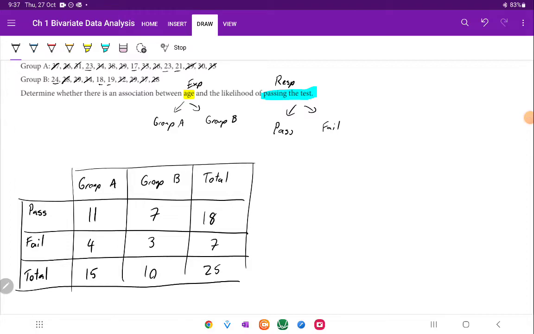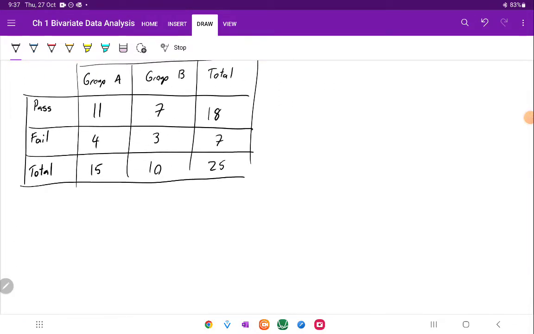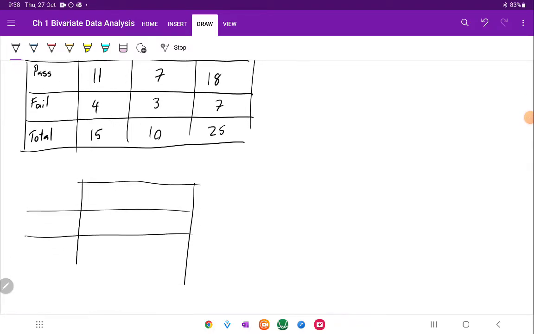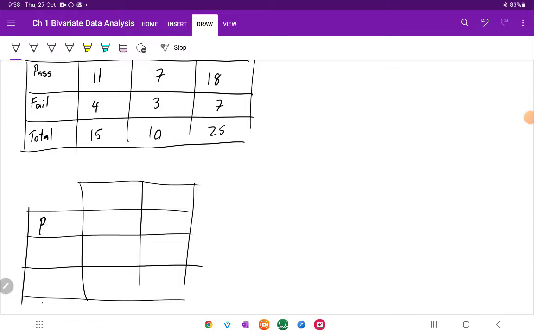So now that we've organized our data into a two-way table, let's turn it into a percentage two-way table. So I'm going to drop that total next to Group A and Group B and start working out some percentages. So we've got pass, fail, total, and Group A and Group B. Alrighty.